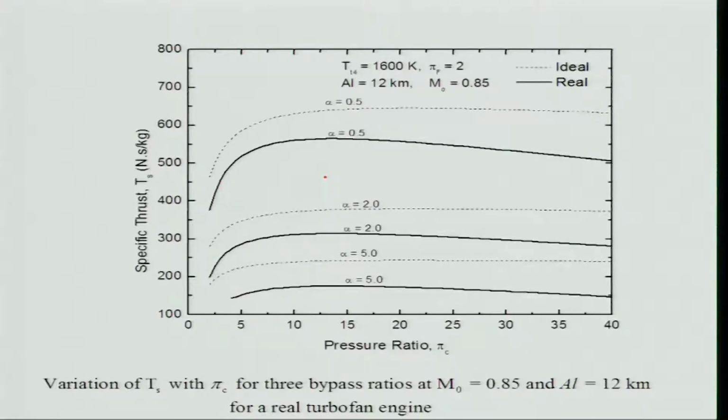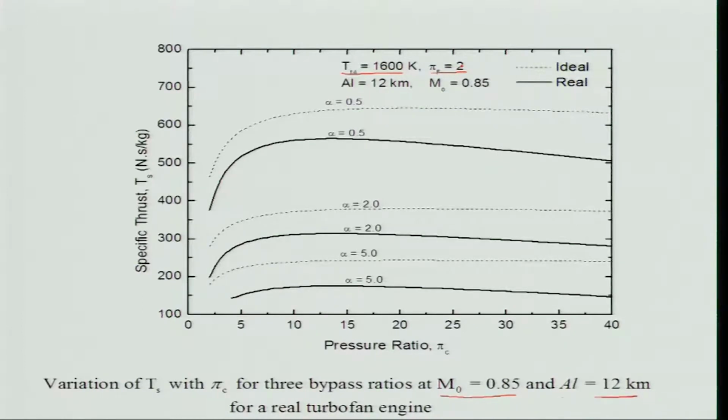However, we will carry out a certain parametric analysis by considering the flight Mach number as 0.85, altitude as 12 kilometers for a real turbofan engine, TT4 as 1600 Kelvin and fan pressure ratio 2.